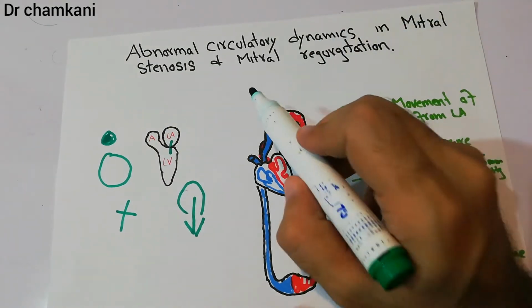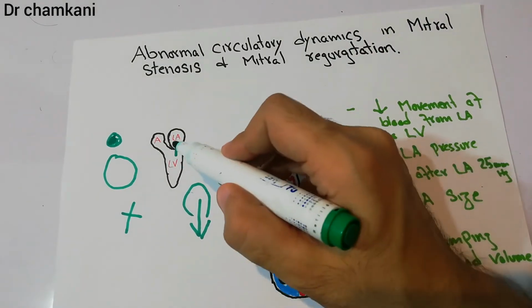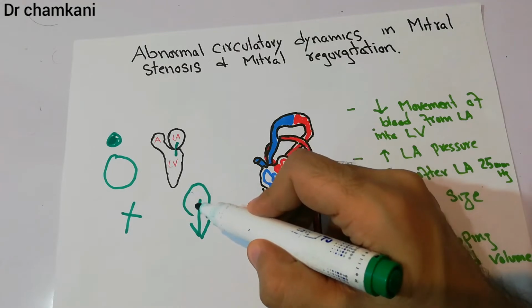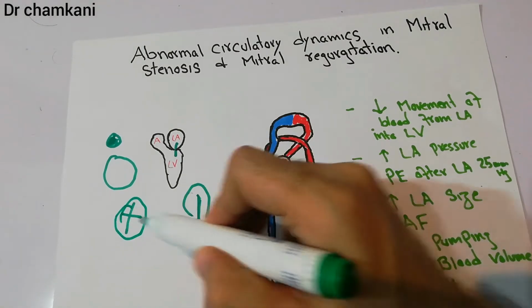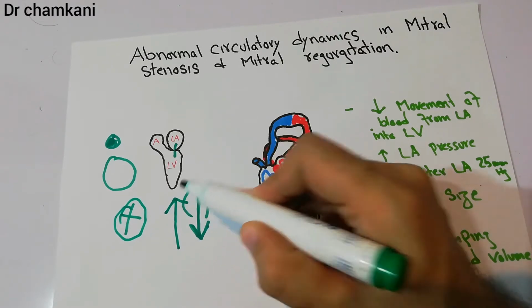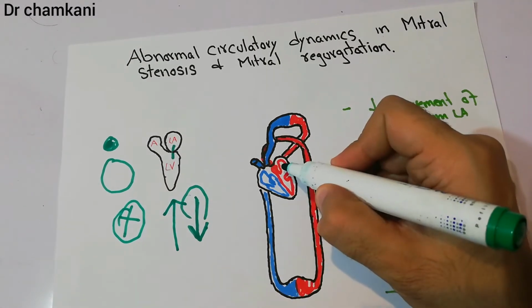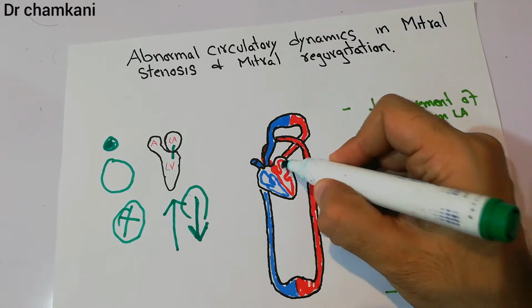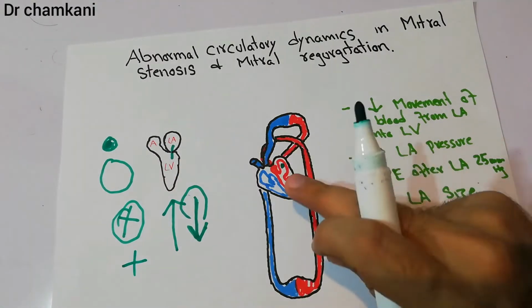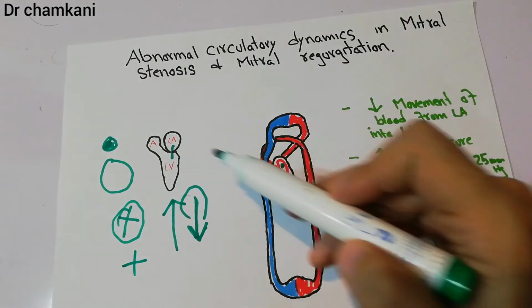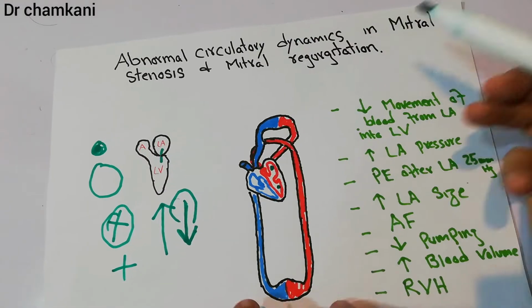What happens in mitral regurgitation is that this valve is incompetent. Normally it allows the blood to move from the left atrium into the left ventricle, but does not allow it to move from the left ventricle into the left atrium.